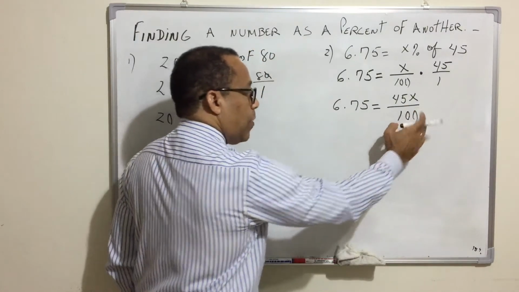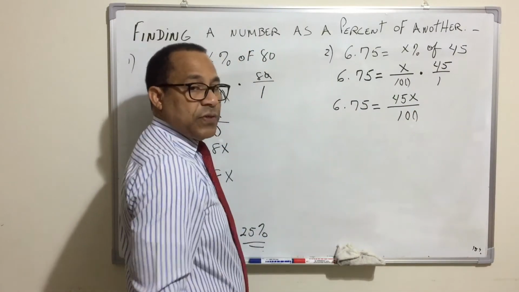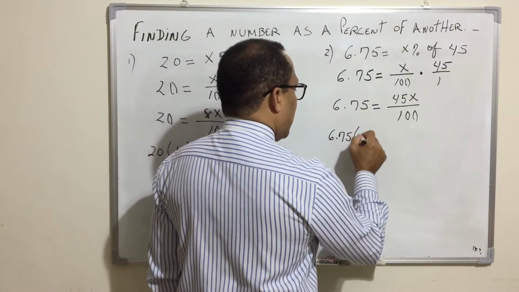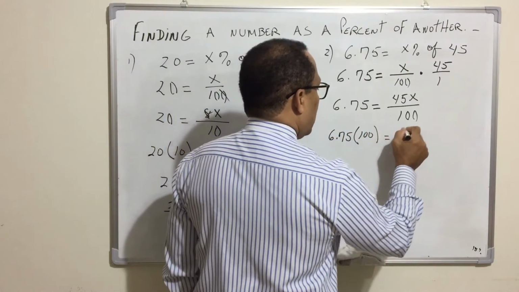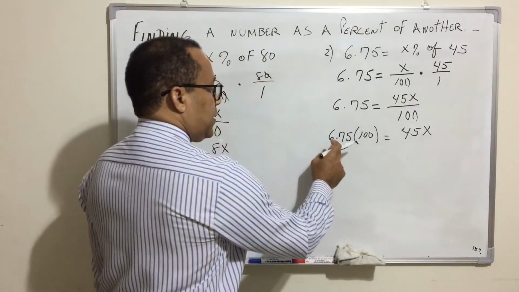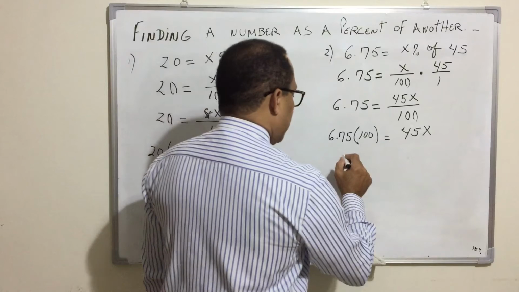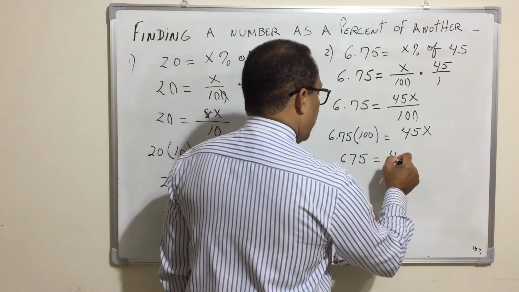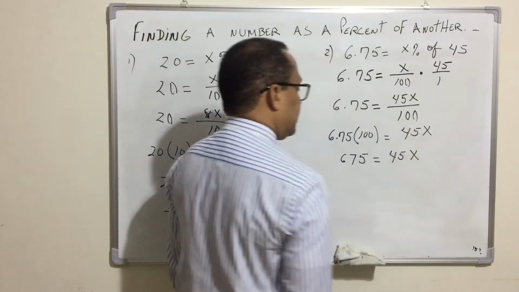So 100 comes multiplying to the left side. So I have 6.75 times 100 equals 45x. 6.75 times 100 equals 675 equals 45x.